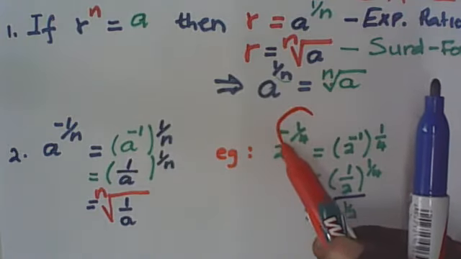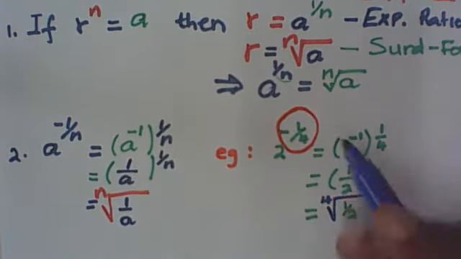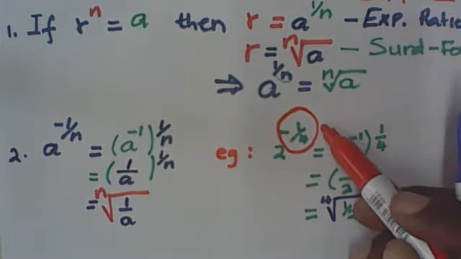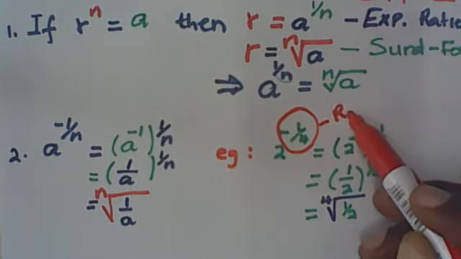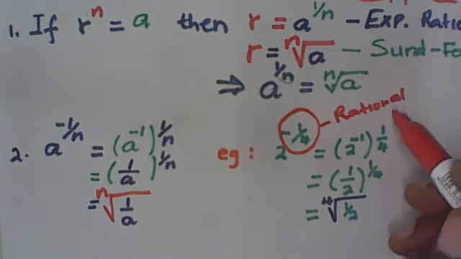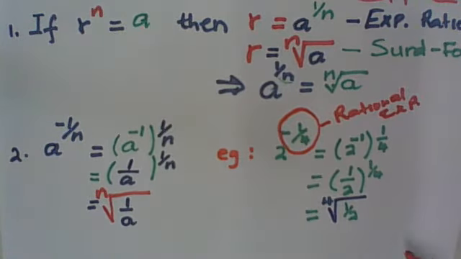Look at this. This is a rational exponent. And here, what do we have? We have a surd.